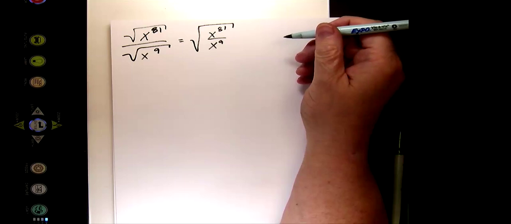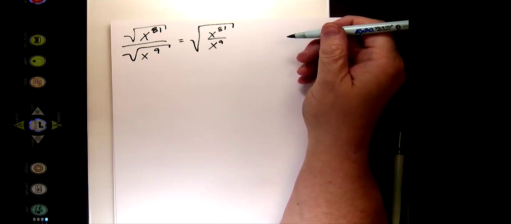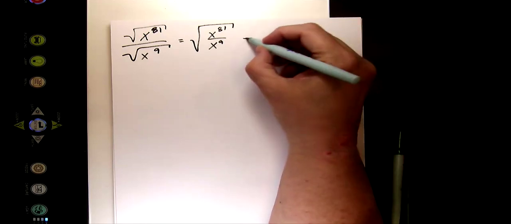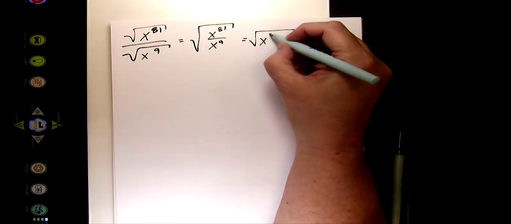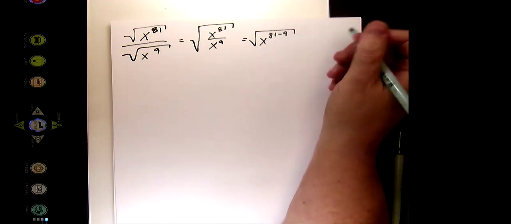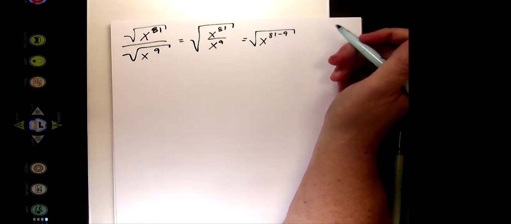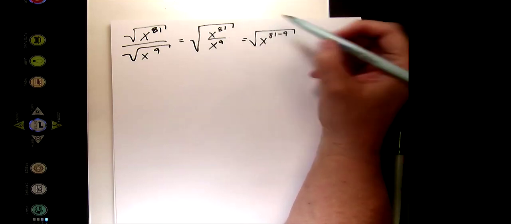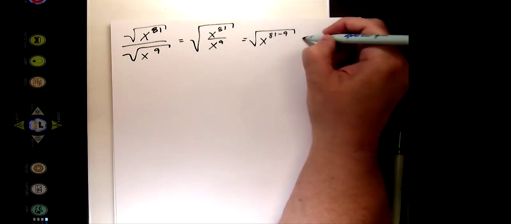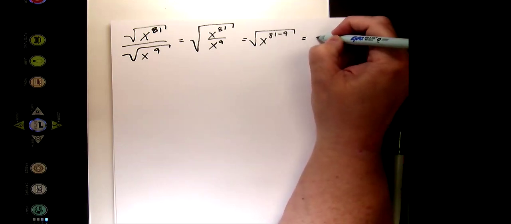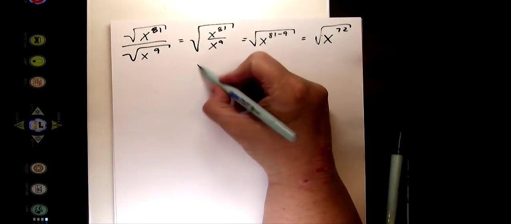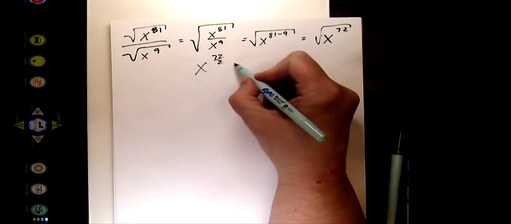And as much as you've seen 81 and 9 on the times tables, this is not x to the 9th. This is the square root of x to the 81 minus 9. You might instinctively go 81 divided by 9, because that's one of its divisors that most people know. And we had a division bar there. We don't divide exponents, we subtract them. 81 minus 9 is 72. And so you get 72 over 2, which is 36.